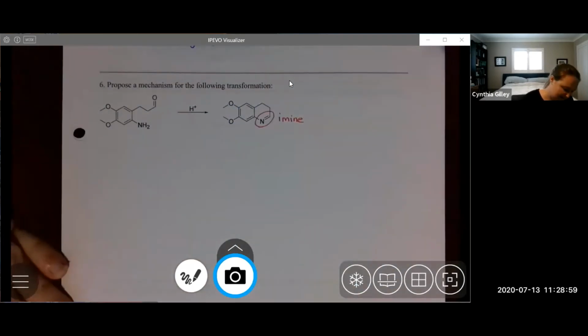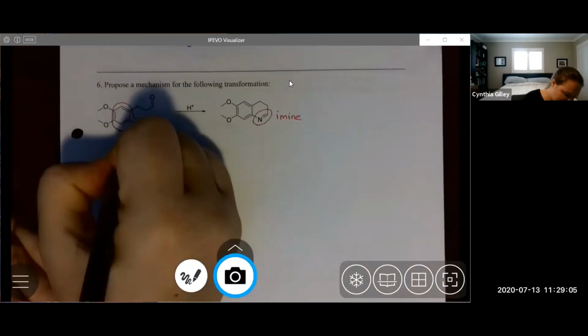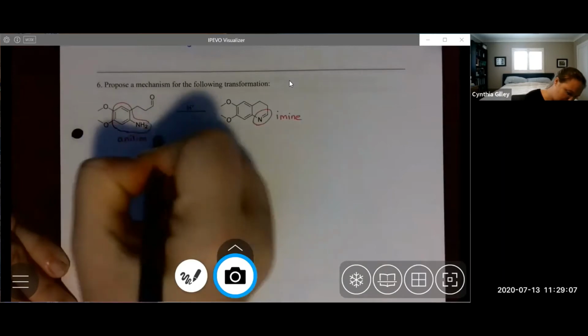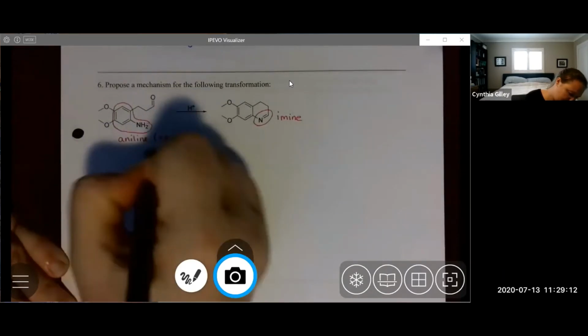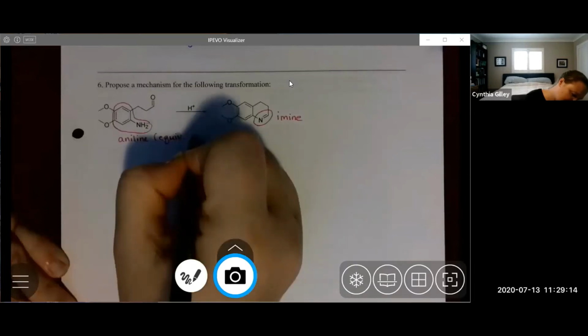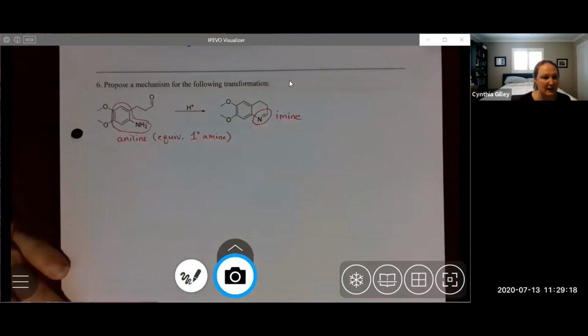Technically this is aniline, but aniline is sort of equivalent to a primary amine because it has one R group and 2 hydrogens attached, just like a primary. So very equivalent to that. We're basically going to be doing an intramolecular imine formation.